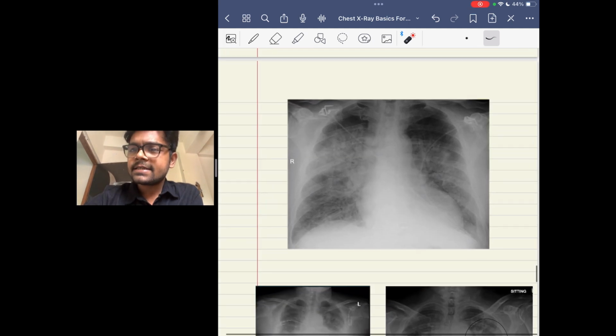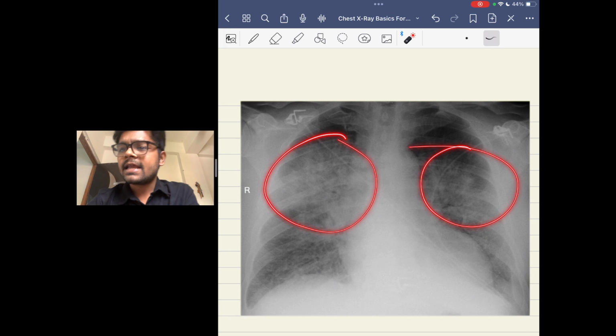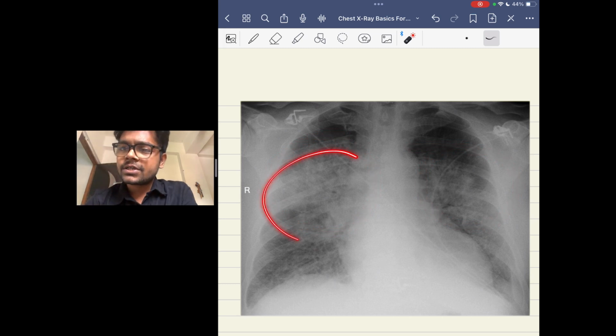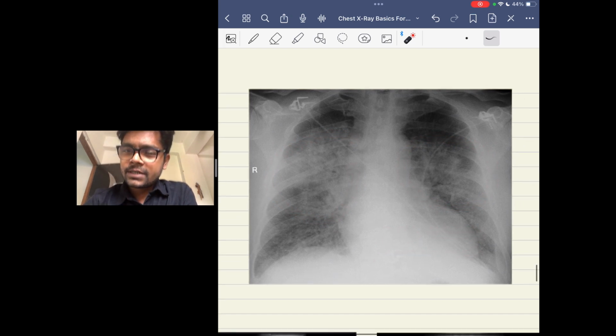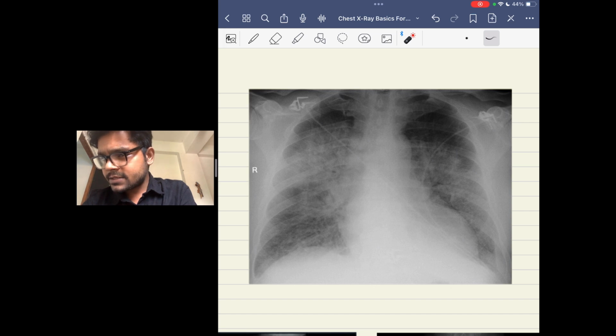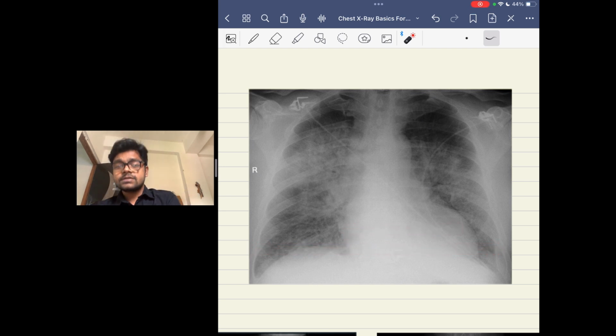Now let us see the X-ray. This is a typical X-ray of heart failure. You can see that there is bilateral perihilar congestion in the form of a bat wing opacity, right? If there is no pleural effusion or there is mild pleural effusion, the angles are blunt, and you cannot comment much upon the heart size, but it seems to be increased because mostly these patients are also sick, and if taken in an AP view you cannot comment much.